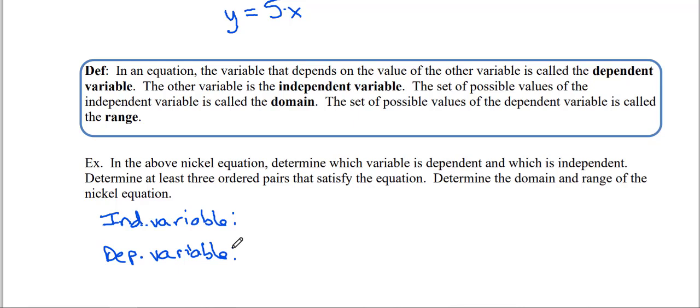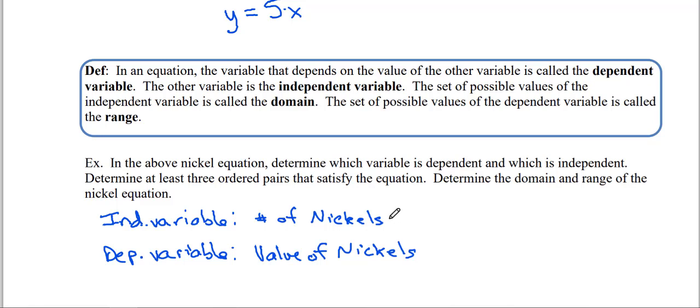Well, the value that I have in my hand depends on how many nickels are there, right? So the value is what we are going to call the dependent variable, and then the number of nickels is my independent variable. Oftentimes I find it easier to find the dependent variable before the independent variable.